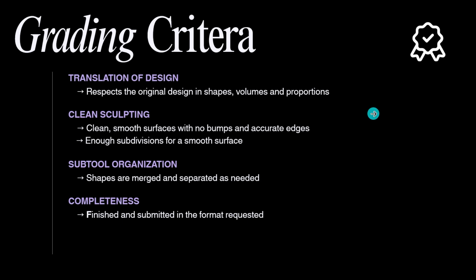Then clean sculpting, what I said before, have clean smooth surfaces, no bumps. And then this step might also be important to have enough subdivision to create a smooth surface, because otherwise you have this faceted look, and it's just nicer if you have everything smooth.